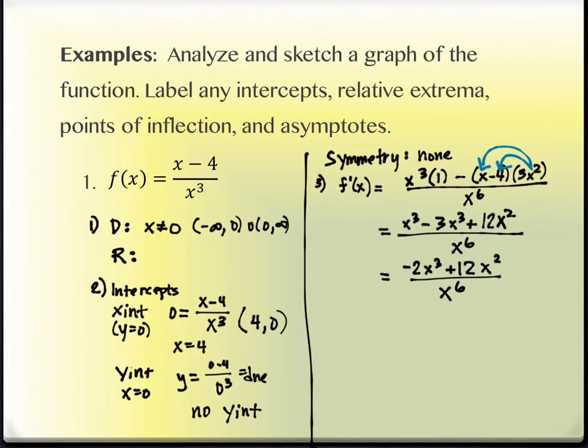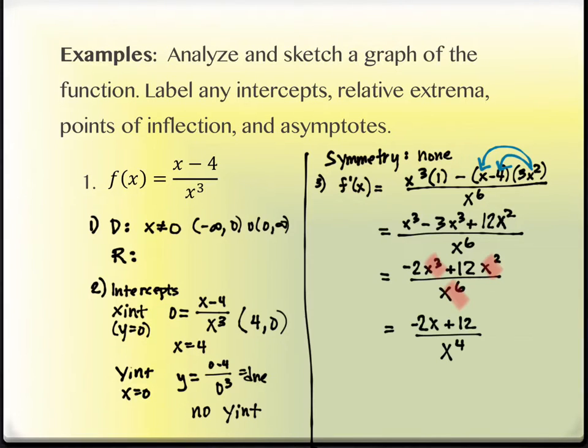Okay, yeah, so we have a power of x here that's x cubed, this one's x squared, and this one's x to the sixth. So they all have at least an x squared in them, right? So we could reduce them by dividing each of them by an x squared. So yes, we could rewrite this as -2x plus 12 over x to the fourth.